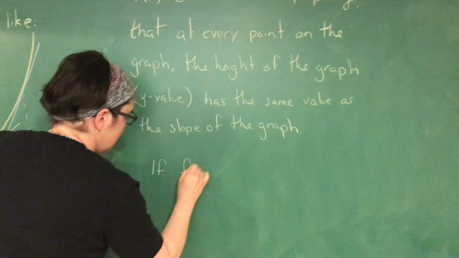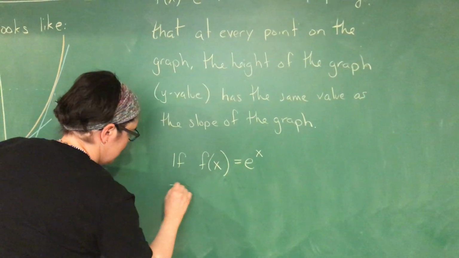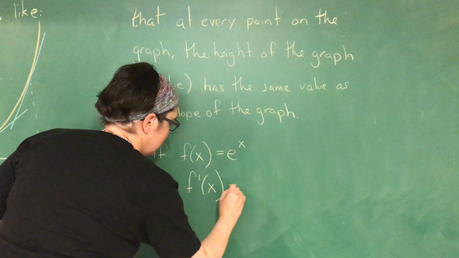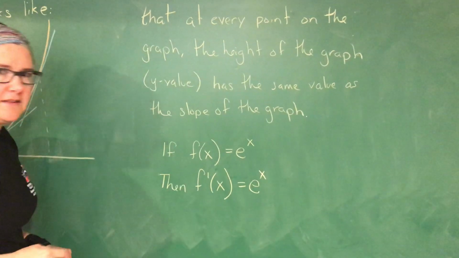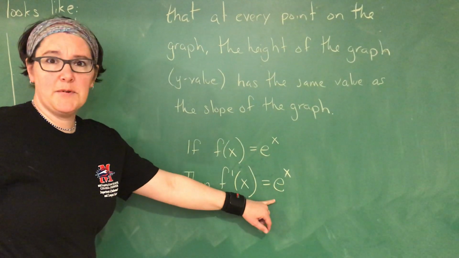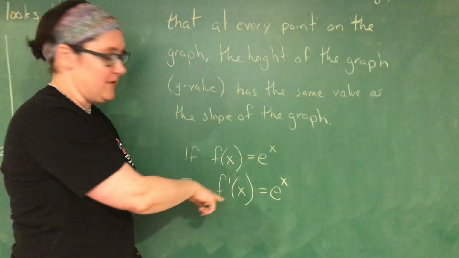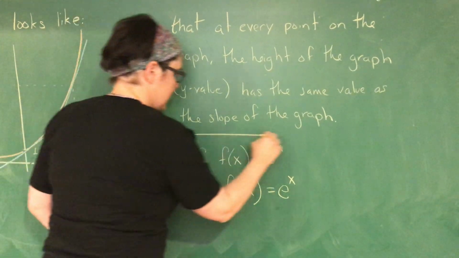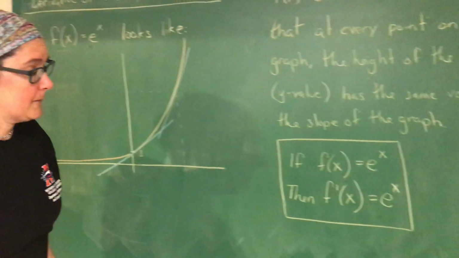If f of x is equal to e to the x, then f prime of x is equal to e to the x. The height of the graph and the slope of the graph are exactly the same thing. So check this out. I just took a derivative and I wrote down the exact same thing. This is our derivative rule for e to the x. It is so easy that it can be hard.